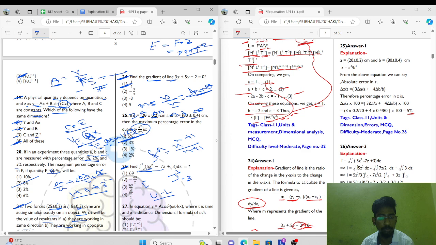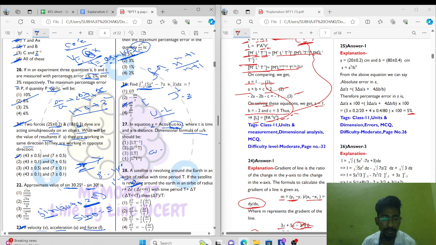Question 27. Equation y equals A sin of omega t minus kx. What is the dimensional formula of omega by k? First of all, I already told you that the angle in a trigonometric operator is a dimensionless quantity. That means omega t minus kx is dimensionless, so omega t is also dimensionless and kx is also dimensionless. Omega has the same dimension as t inverse, and k has the same dimension as x inverse, right?